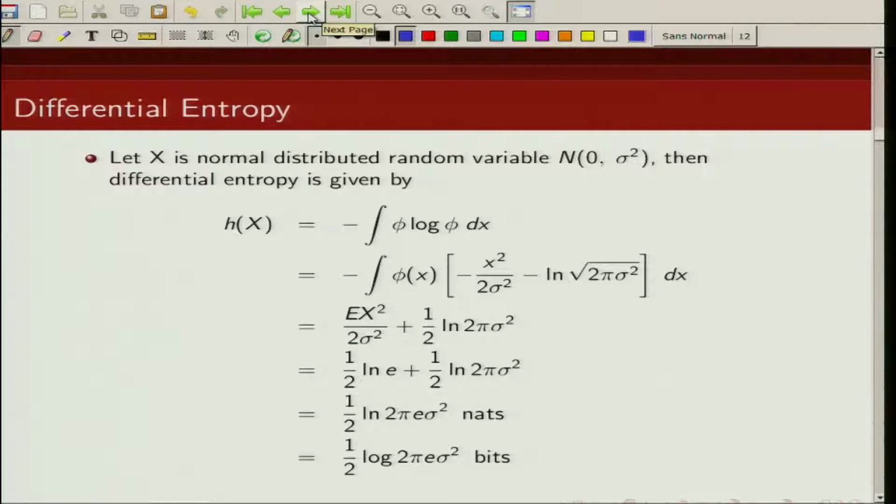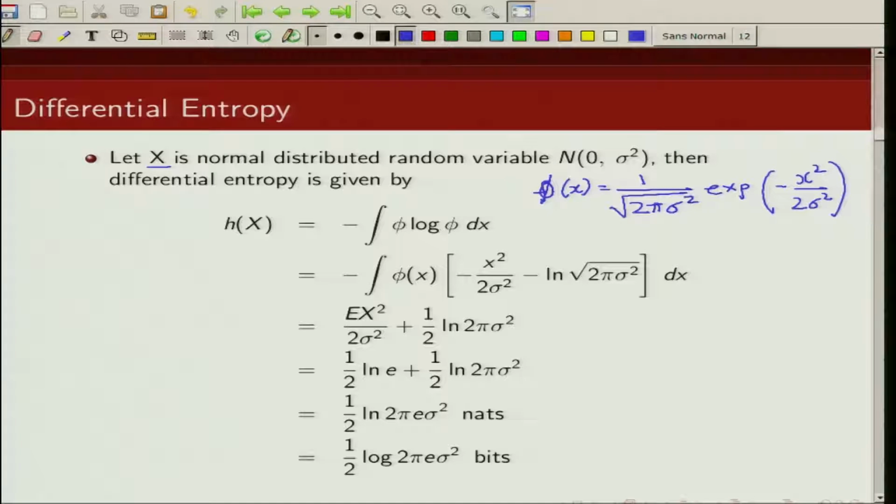Now let us take an example. Let x be a normally distributed random variable. So the density function phi of x is given by 1 over the square root of 2 pi sigma square, times exponential of minus x square over 2 sigma square.